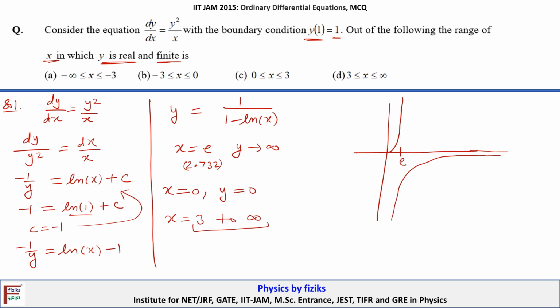Then in the positive range, this function is finite, because it is infinite only at e, that is 2.732, this particular value. And what is the behavior from 3 to infinity?